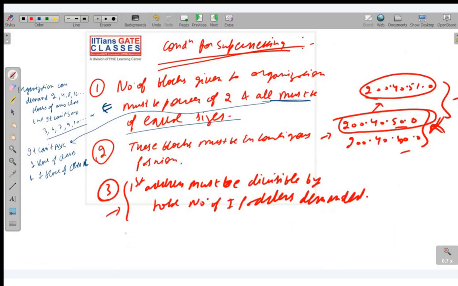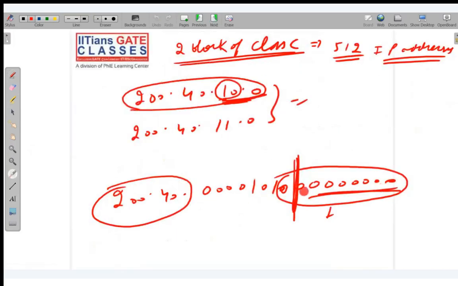To make routing possible, we have done this. Roughly you can imagine that we can go from 9 zeros to 9 ones. That's why directly we will be able to do the things.